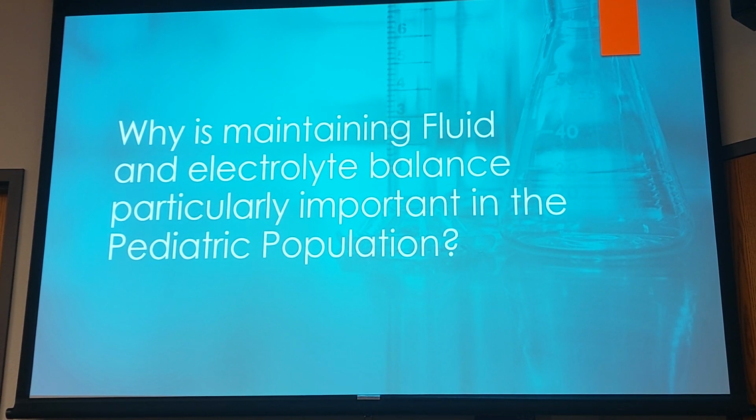So why is maintaining fluid and electrolyte balance particularly important in kids, in pediatrics? You may have an idea? It's harder for them to regulate their fluid and electrolyte balance, yeah. Any other reasons?